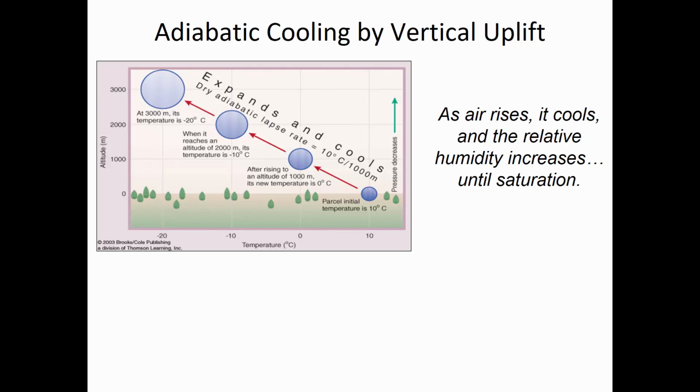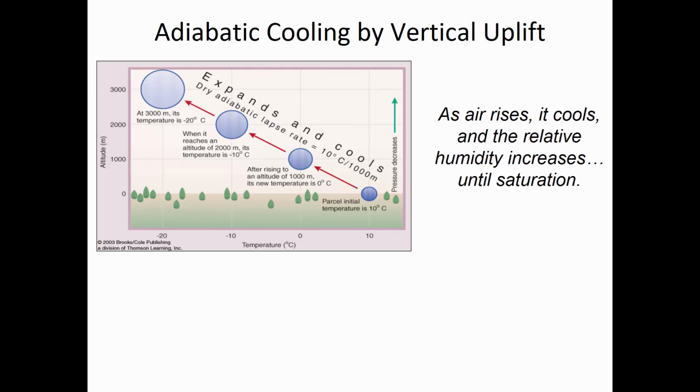But if you let go of the balloon and it drifts up high, there's not going to be as much pressure pushing on it at that higher elevation because of the hydrostatic equation. The pressure is lower, and so the volume is bigger. The balloon expands. Inside the balloon is the same mass of air, but now it's occupying more space. And as it expands, it cools off.